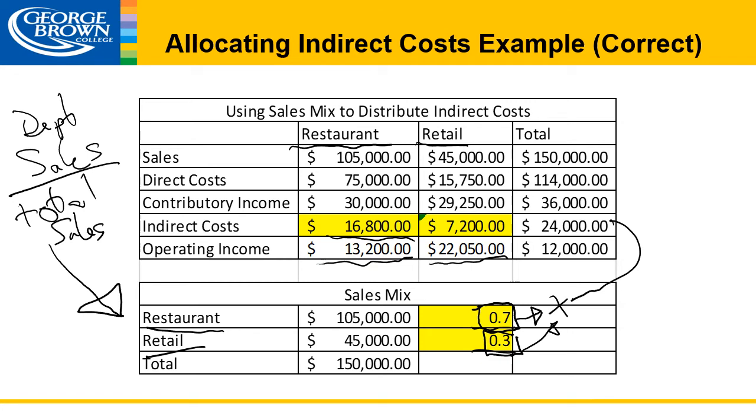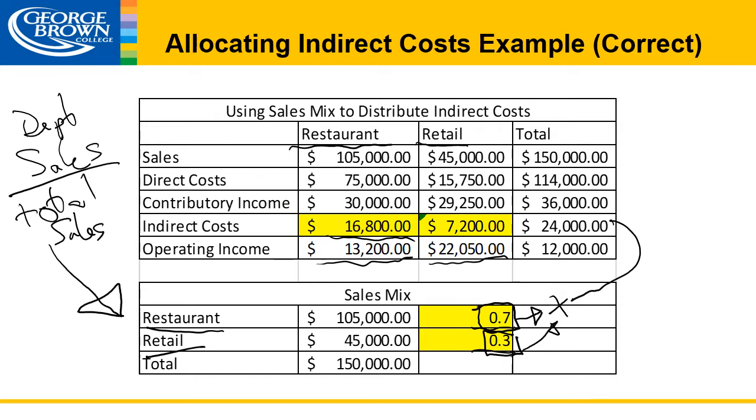Okay, imagine if the retail store's sales were going down a bit, and you were allocating these costs incorrectly, and it looked like the retail was actually losing money based on how we were allocating the cost. You might make a decision based on that information to close the retail store.